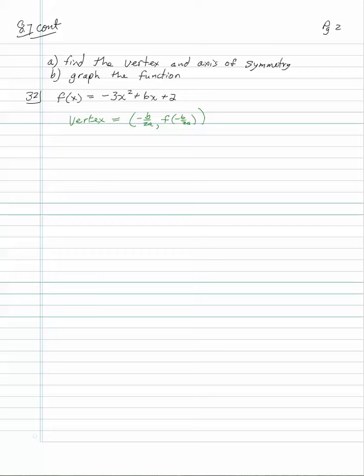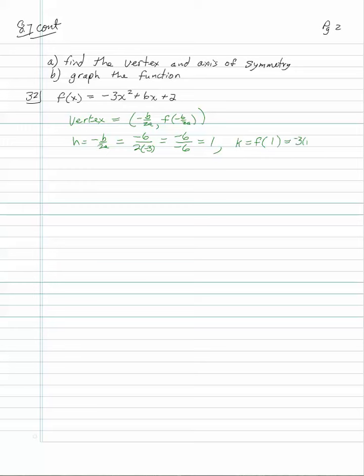So let's see. Minus b over 2a is negative 6 over 2 times negative 3, which is 1. And then k is f of 1.